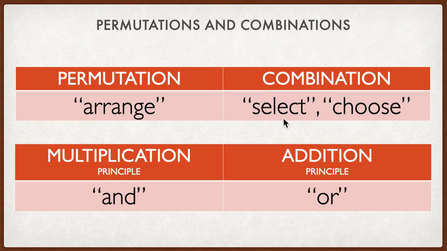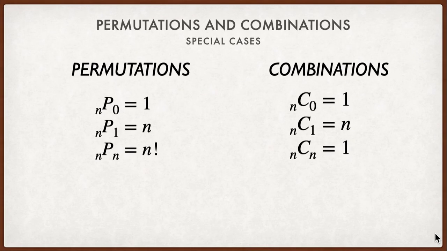If there are words like select, choose, or pick in a sentence, that would usually be combination. We also present the special cases so that you don't need to get the calculator or solve anything. Permutations: if you have nP0, if you're going to arrange 0 out of n, that's going to be 1.